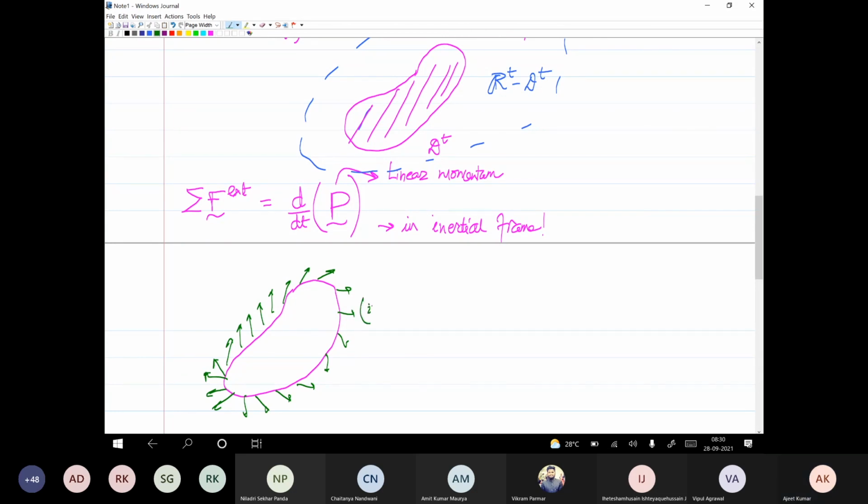So this is also called internal reaction because the surface is internal to the body. So it is internal to the entire body, but it is external to this part of the body. Okay, so I should write just here reaction from the other part of the body.